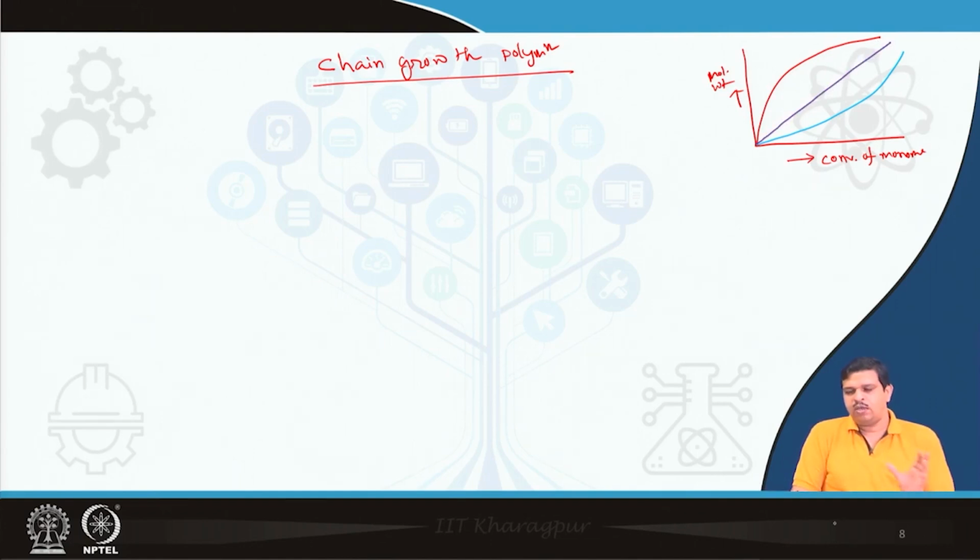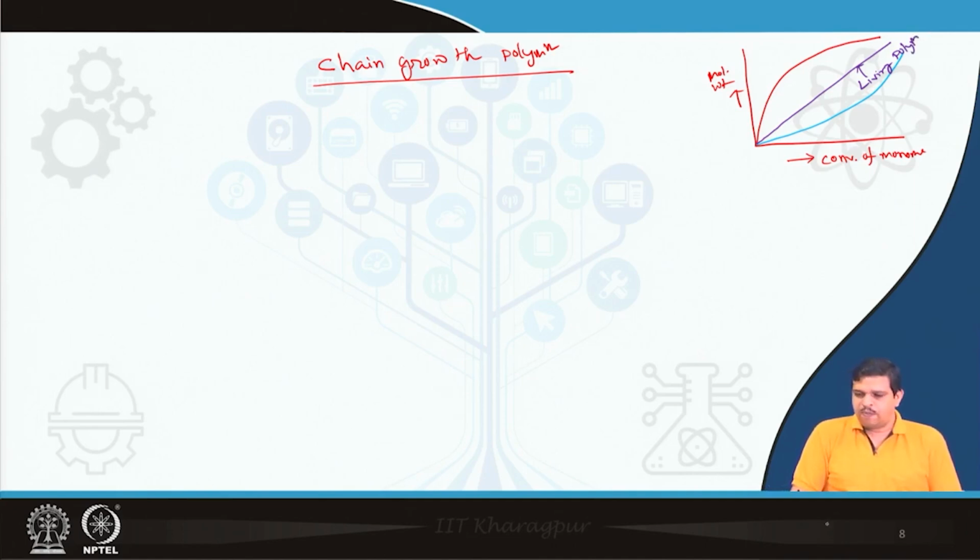That means if I feed a particular mole of the monomer, I should be able to know how much molecular weight polymer I am getting. So, this is called living polymerization, living or controlled polymerization, where you will get a well defined polymer.